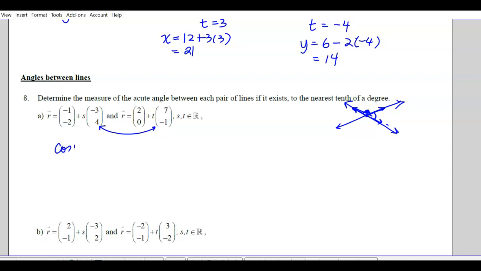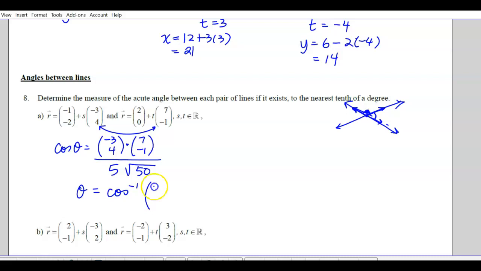So cos of theta equals the dot product of the 2 direction vectors over the magnitude of each. So actually, the magnitude of that one is 5, and the magnitude of that one is root 50. So take the dot product, so that's -21 minus 4 is -25. And again, you don't have to simplify the radicals because you're just entering this into your calculator.